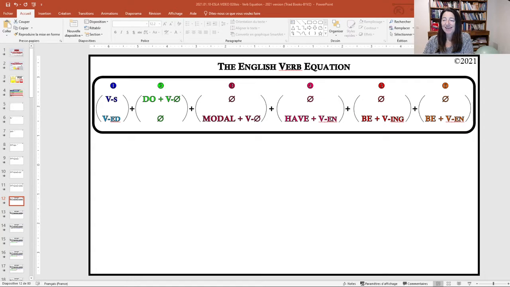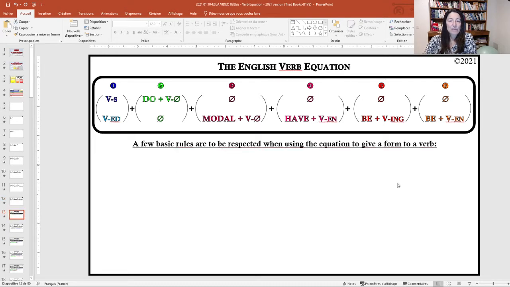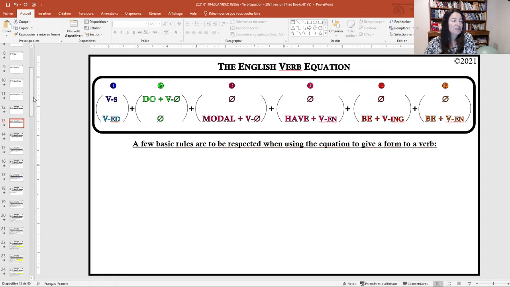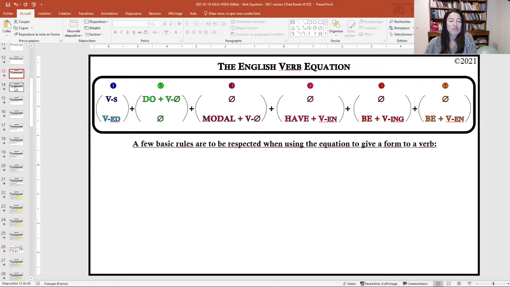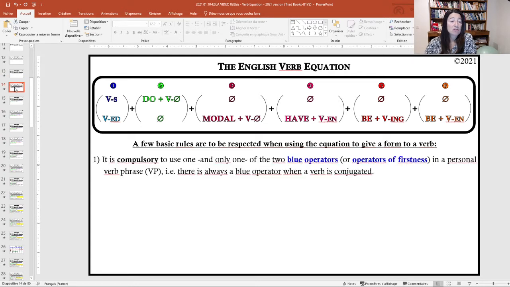And yes, so as I said, the verb equation is really simple, and there are very few rules that we need to pay attention to in order to use it in a satisfactory manner. So we have already mentioned most of them.